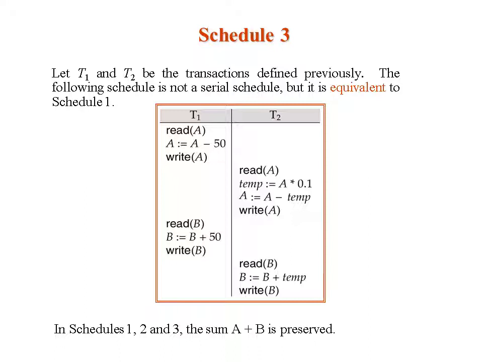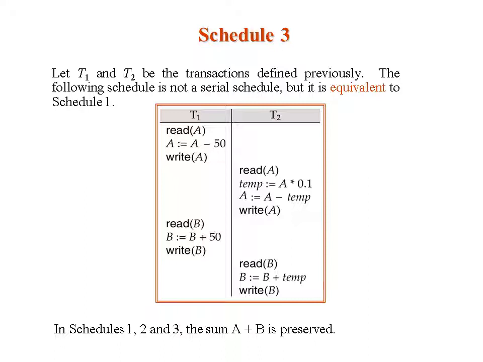concurrently. Now let's say previously in schedules 1 and 2, the total value of A plus B is 3000. The ultimate values after the successful completion of the transactions will also be 3000.